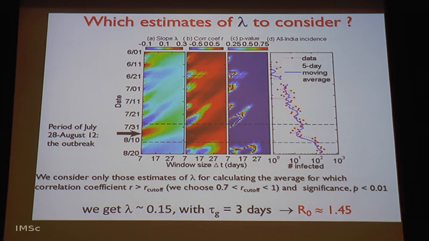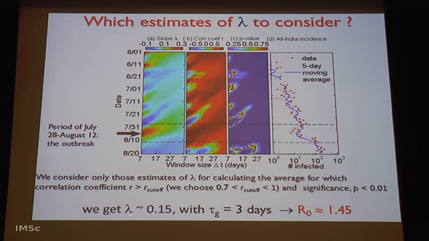That period, the exponential slope period, is July 28th to August 12th. So here we have taken the slope we have estimated only for R, the correlation coefficient, greater than 0.7 and less than 1. This is the R cutoff we mentioned, and for all values of p less than 0.01.